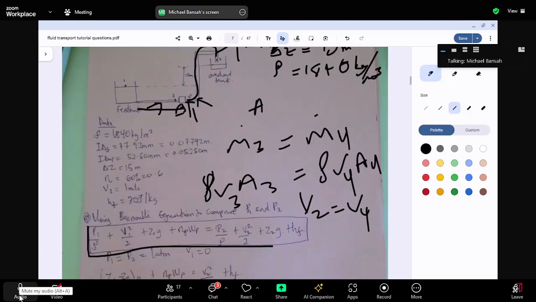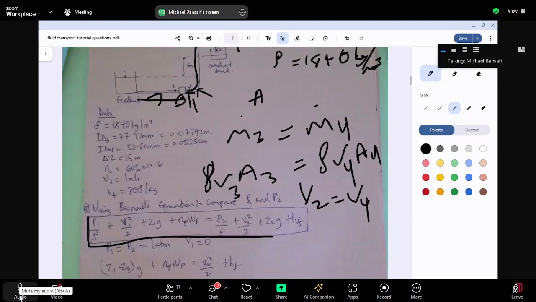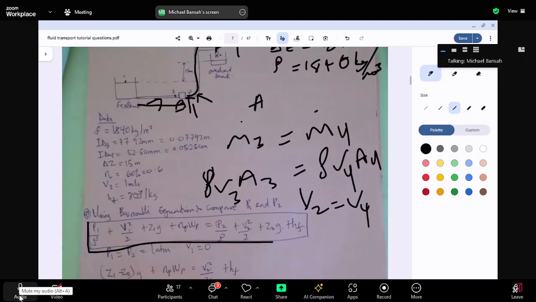And they picked it because they had enough parameters to calculate it. For instance, they said the pressure at 1 is equal to the pressure at 2, which is equal to 1 atm. Why? Because the tank is exposed to the atmosphere, and at 2, the water is being discharged to the atmosphere. So it's 1 atm at the end of the day.